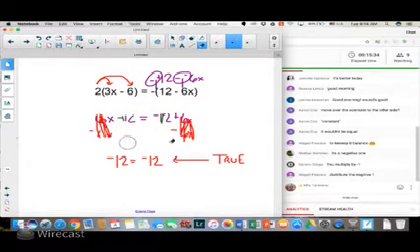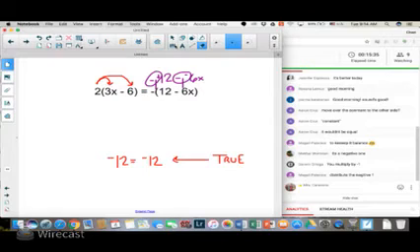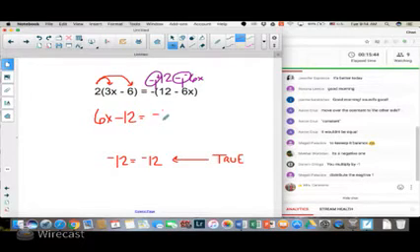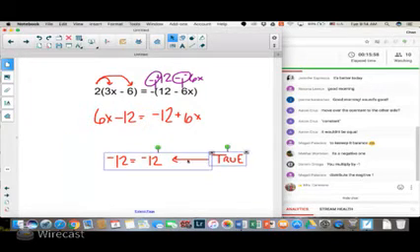What throws some of us off is that when we have the equation 6x minus 12 equals -12 plus 6x, we look at this and can't see that there's an infinite number of solutions because we don't see that these are identical. They are identical, just in a different order.